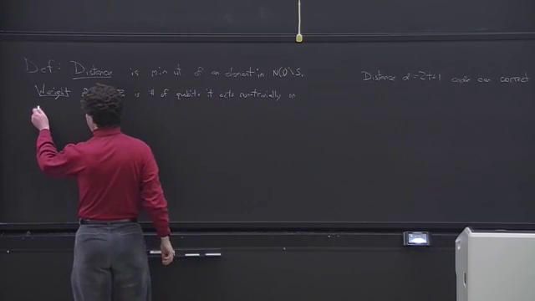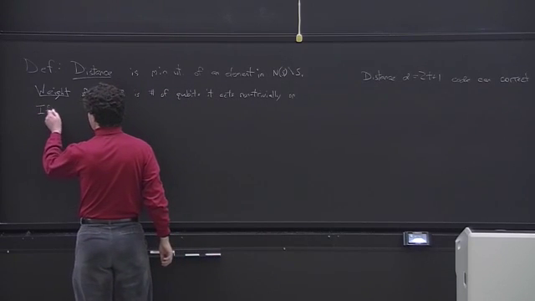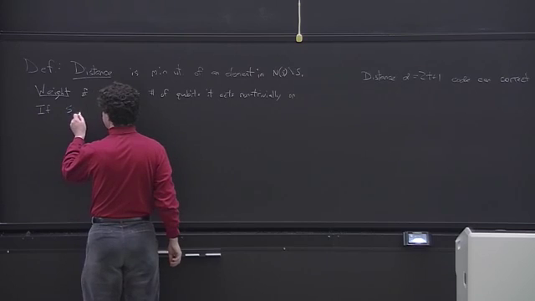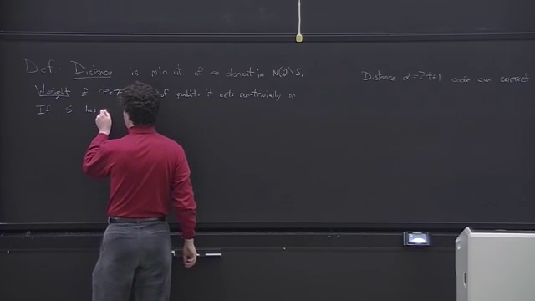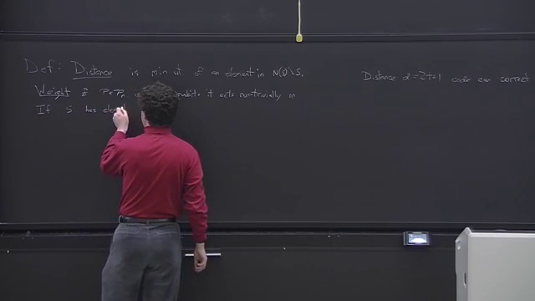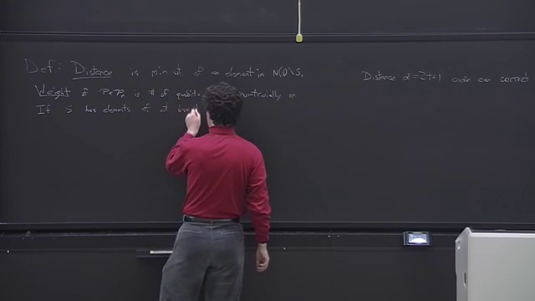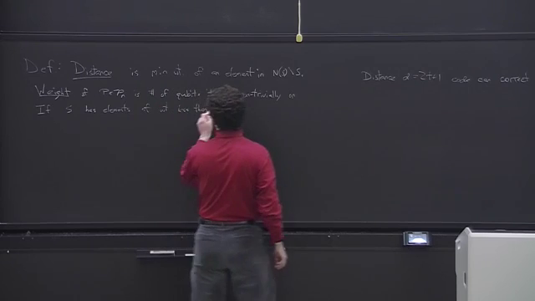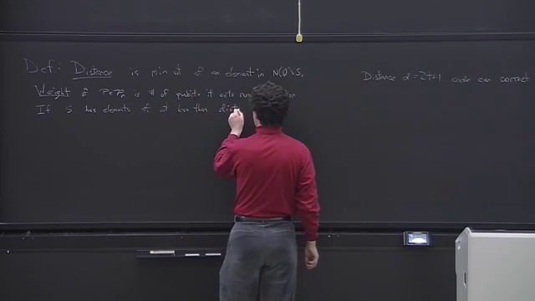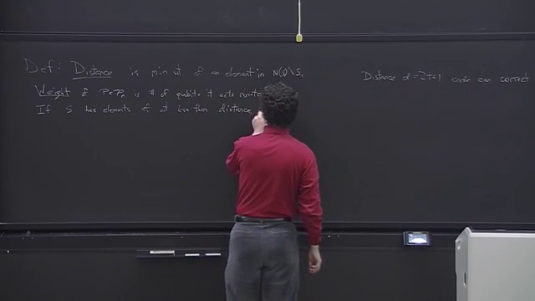So we say that a code, if the stabilizer has elements of weight less than the distance, we say it is degenerate.